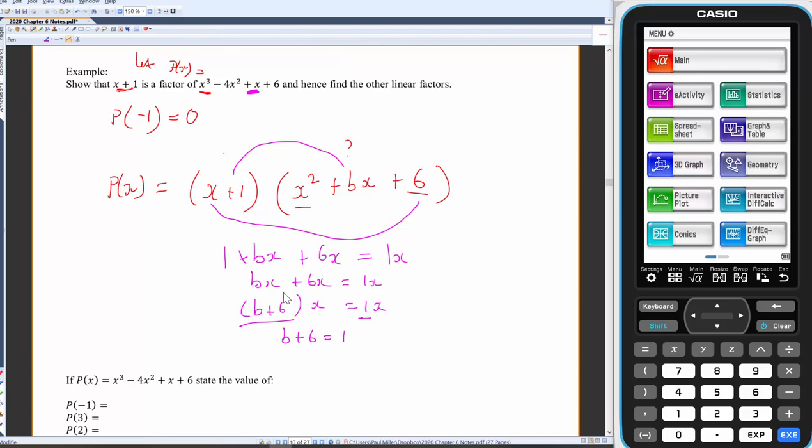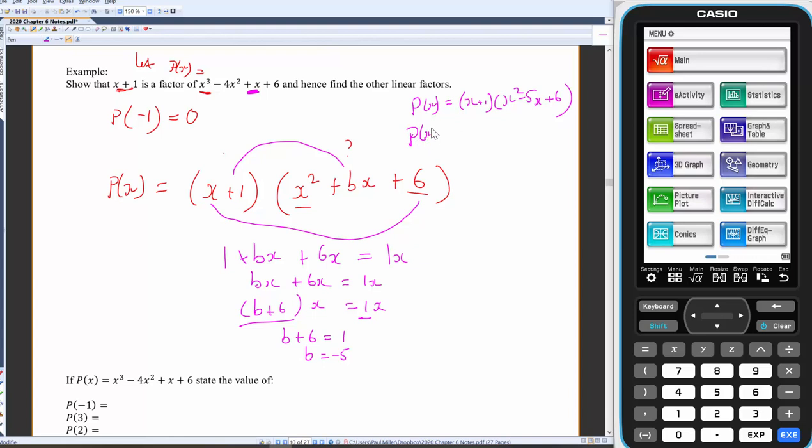The coefficient must equal the coefficient if x is the same as x, which we conclude means b is equal to -5. So we can rewrite p of x as x plus 1 times x squared take 5x plus 6. I've seen students do that move in probably 5 to 10 seconds and be able to factorize that.